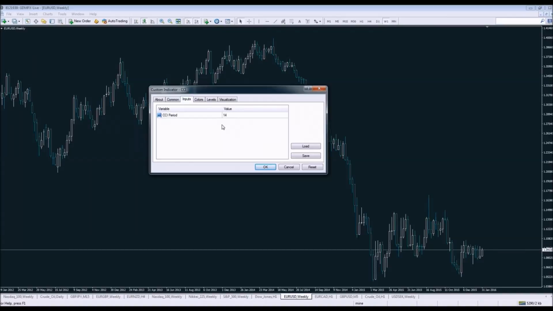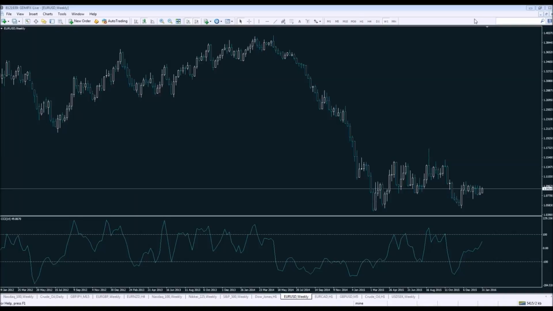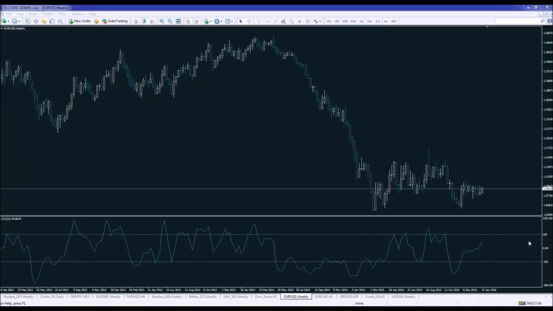Weekly chart, ladies and gentlemen. So let's just implement this commodity channel index so you can visually see how it looks. These are the levels, -100, 100, the zero level. You can also add a zero level here. I will show you later because we're going to use it on the 15-minute chart.